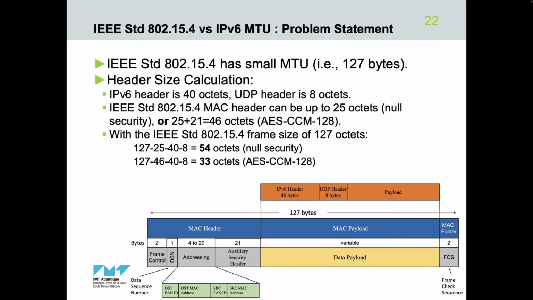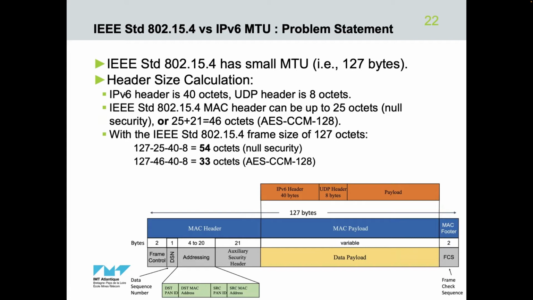Now, I will proceed with the problem statement in this slide. Basically, what we have is the IEEE standard 802.15.4, which comes with a very small MTU, maximum transmission unit, of 127 bytes.